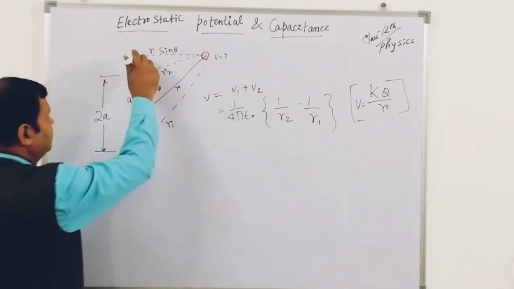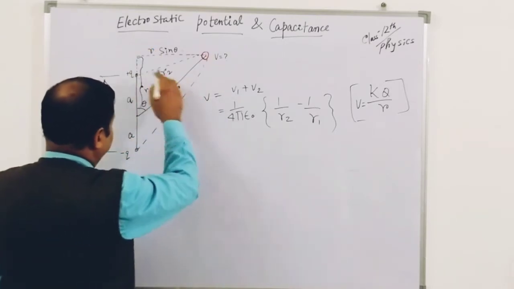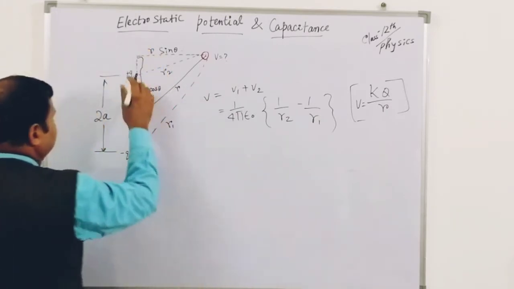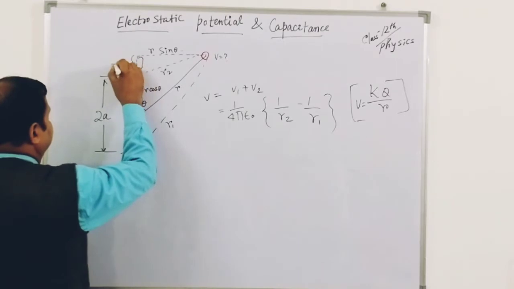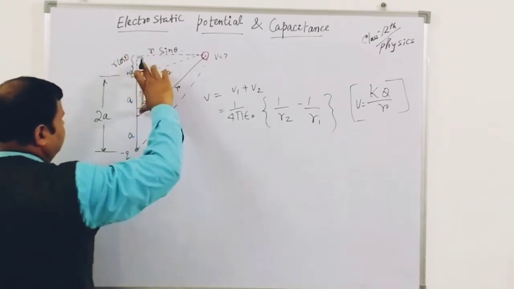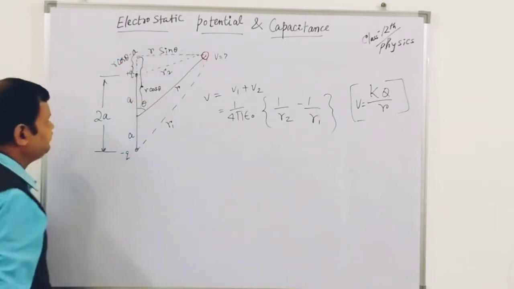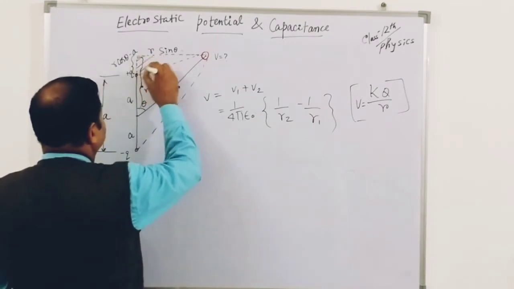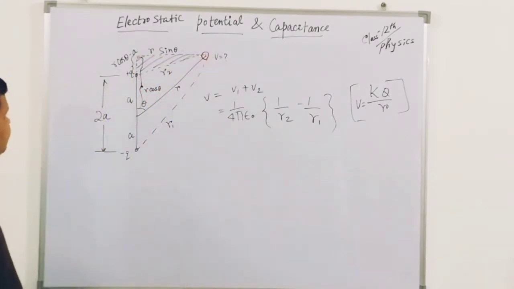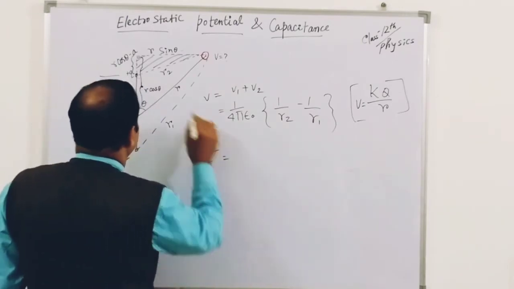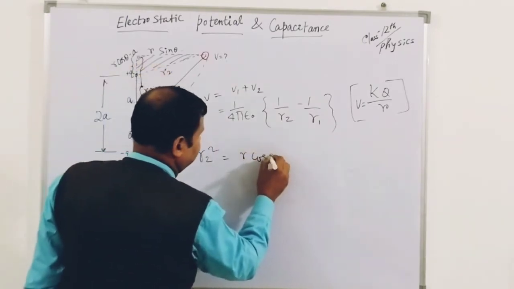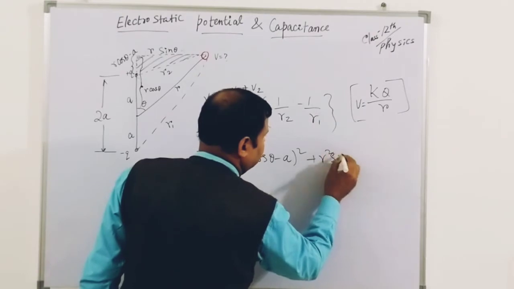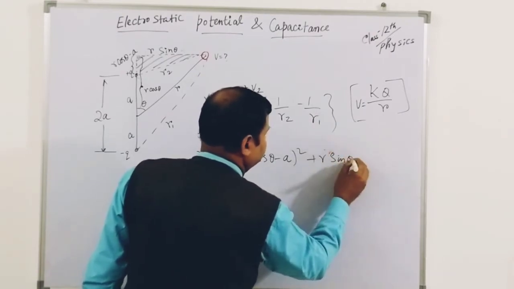Now for this smaller triangle, r2 is the hypotenuse, and this much is r cos theta minus a, because r cos theta is the total distance here and this is minus a. So r2 square equals r cos theta minus a, whole square, plus r sin theta, whole square.